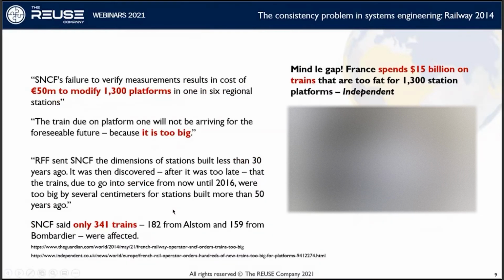So they were adapted. So the cost to adapt them was estimated at 50 million euros, which is a huge number considering that we have to take into account the investment for the new trains. So you see $15 billion on trains, and then another 50 million, which is a significant amount here.